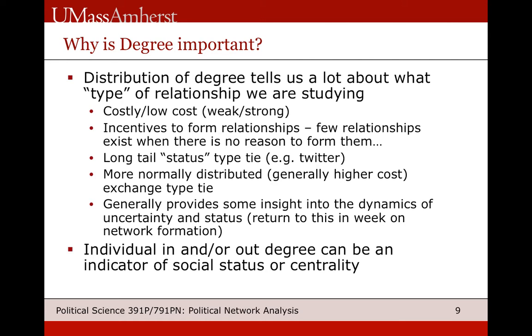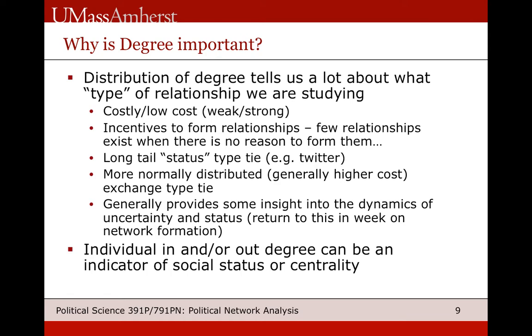We're going to come back to these concepts, and particularly how degree is related to dynamics of status, judgment, and evaluation under uncertainty, when we come back to the theories of network formation in the week right after spring break. But even without having looked at these formal theories, it's pretty intuitive, as you think about the types of networks you know in the world and the way degree might be distributed across them, that you'll get a nice sense of some of the theoretical implications of degree and how you might form different degree distributions in different types of networks.